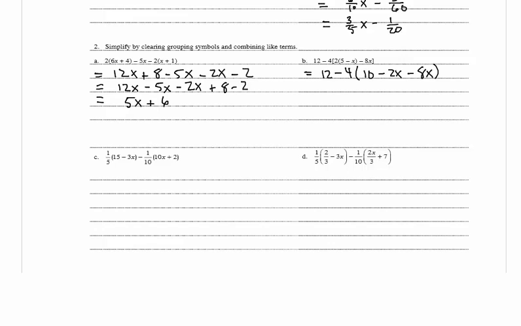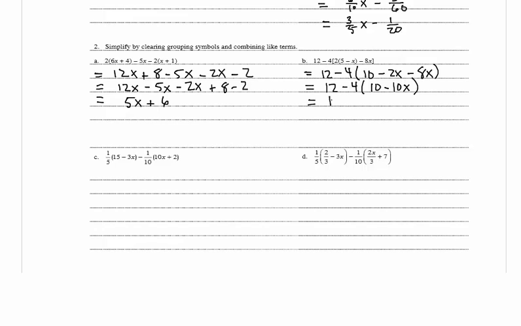So now I'm going to combine my like terms inside my parentheses. So I have 12 - 4 times 10, and we have a negative 2x and a negative 8x, which is negative 10x.